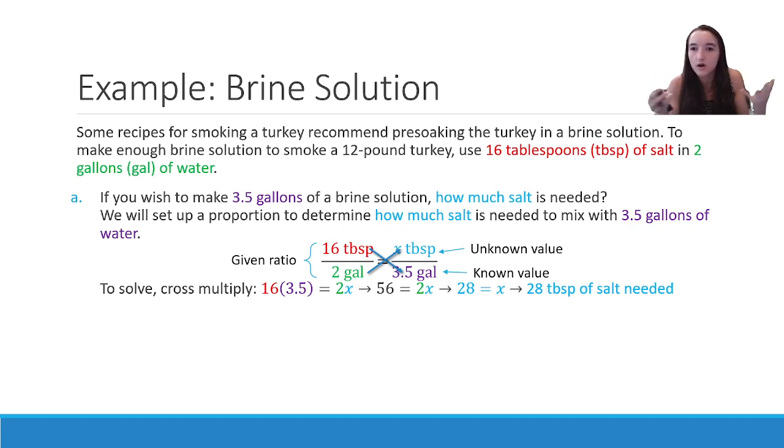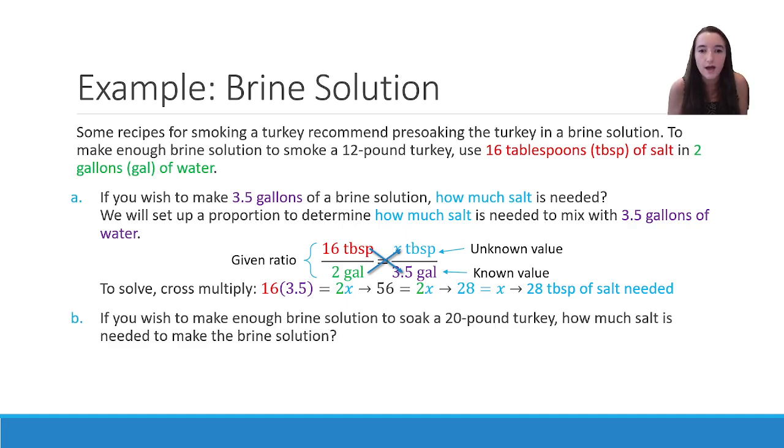Okay, so we've been able to scale this solution up to work for a larger amount of water, a larger amount of brine solution, right? Okay, what about if we have a larger turkey instead? How much salt will be needed for a 20-pound turkey? So in this case, I'm going to be comparing new information. I don't care about the amount of water. I'm just wondering how much salt and how much turkey.